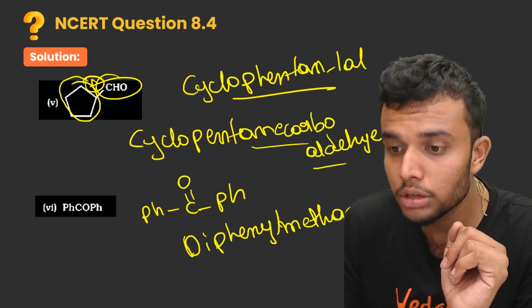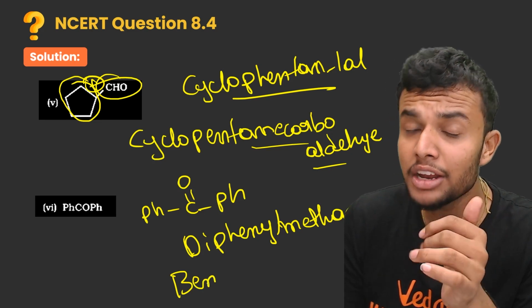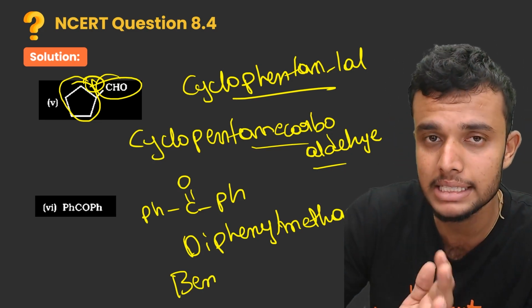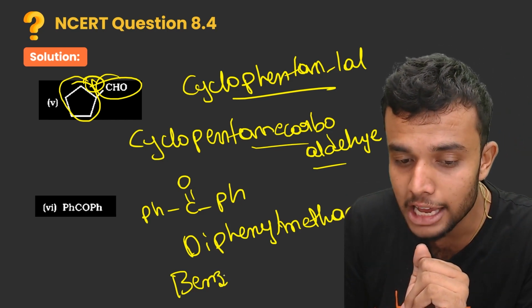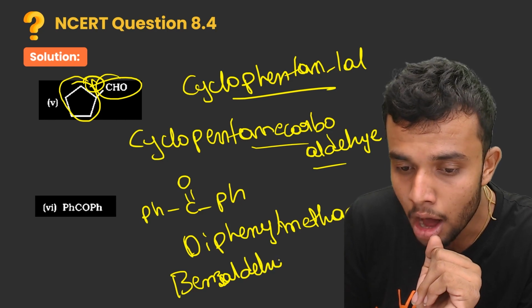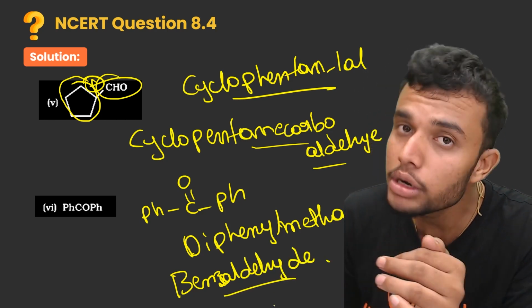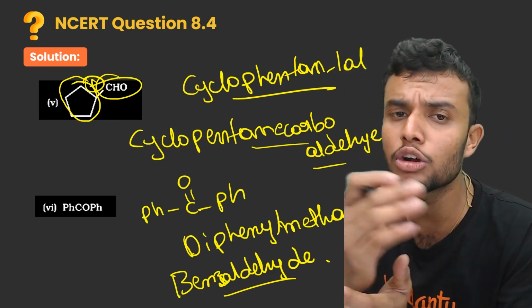For this compound, the common name is very simple, students. It is very, very important in your higher studies. If you take chemistry as a major subject in BSc, for most experiments we use benzaldehyde as an organic compound. It is very important. Definitely they ask questions from the benzaldehyde part. Understood, students? This is about NCERT question 8.4.